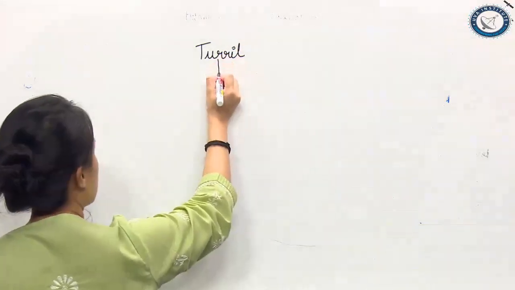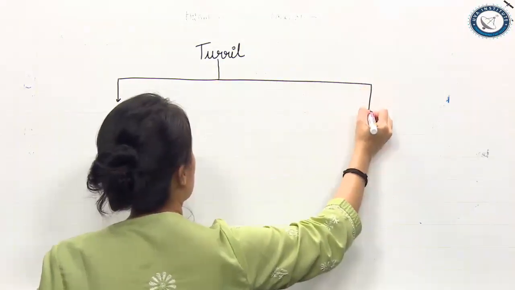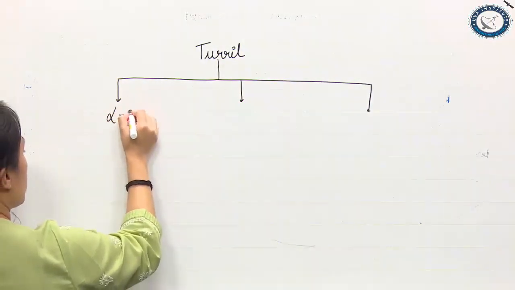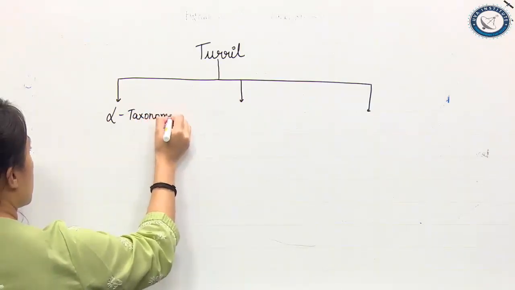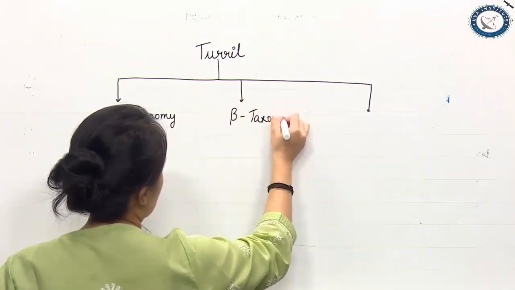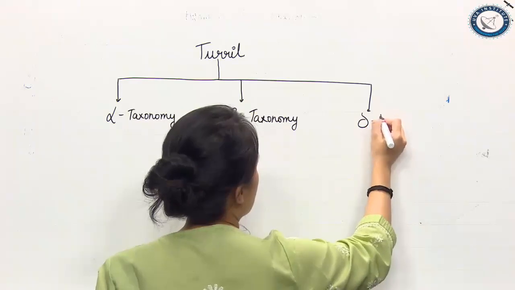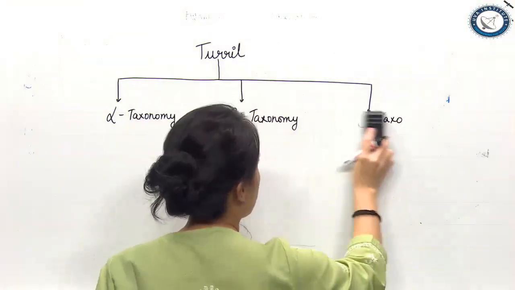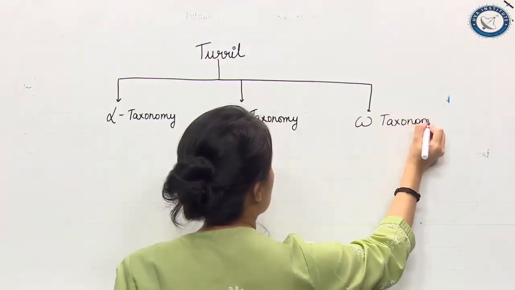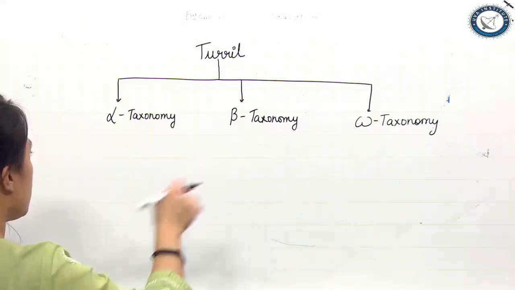Turrell is the one who has given taxonomy a new name: alpha taxonomy, beta taxonomy, and omega taxonomy.